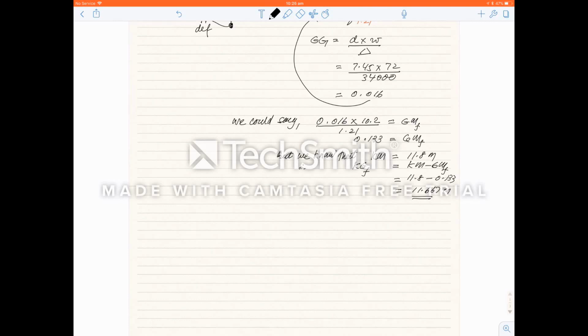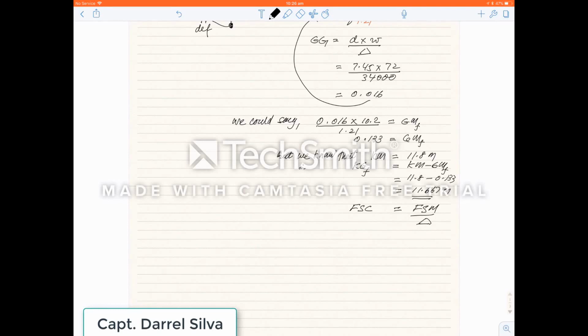The free surface correction at the time of inclination will be equal to free surface moment divided by displacement. What we want to do is to find out the solid KG by applying the free surface correction. So, free surface moment. Now let's see what the free surface moments are at the time of inclination.